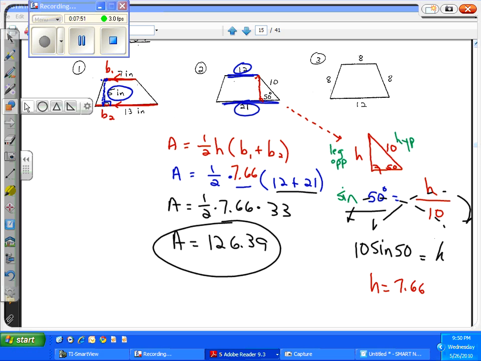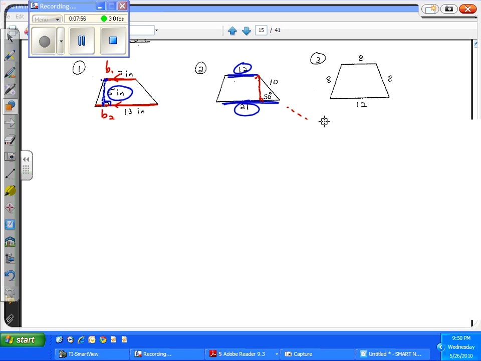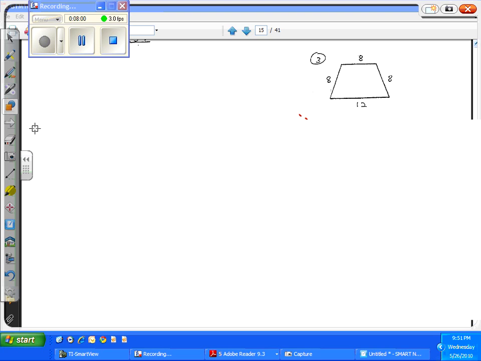Okay, let's do a little widening out and move to number 3. Area of a trapezoid: 1/2 height times sum of bases.